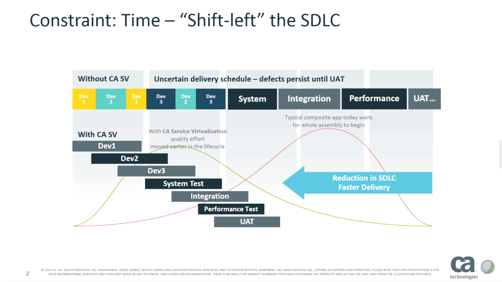Doing that, you enable them to find defects earlier, and that's what shift left means. You're going to deliver better quality software earlier than you expected. Across all of our customers using service virtualization, they are reducing by 25 to 50% the delivery time of their projects.